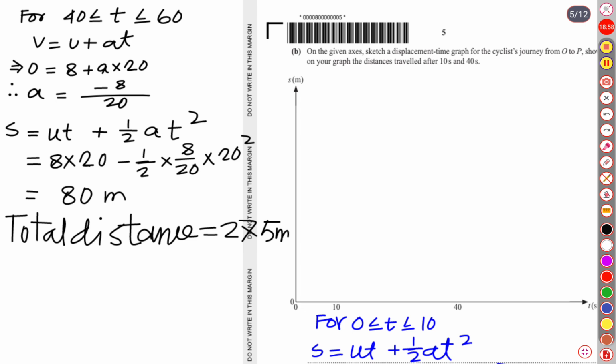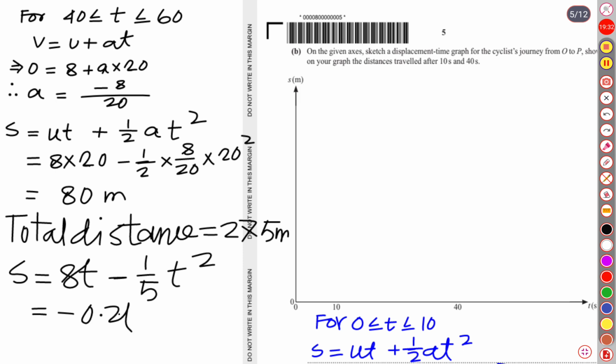And now we are going to know the shape of this graph. So s equal to ut, initial velocity was 8t, and acceleration was negative. So negative, it is going to be half a, a was 8 over 20, so 1 over 5, minus 1 over 5 t square. That means negative 0.2 t square plus 8t.